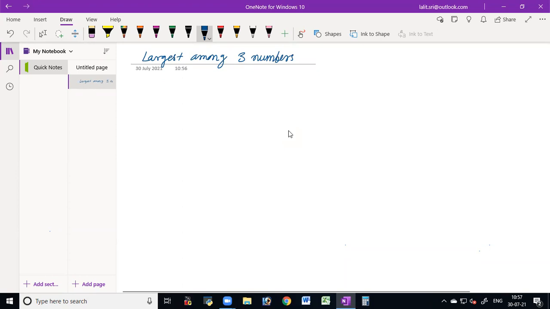Numbers means these are not the real numbers, these are the natural numbers. Suppose A, B and C are three numbers.